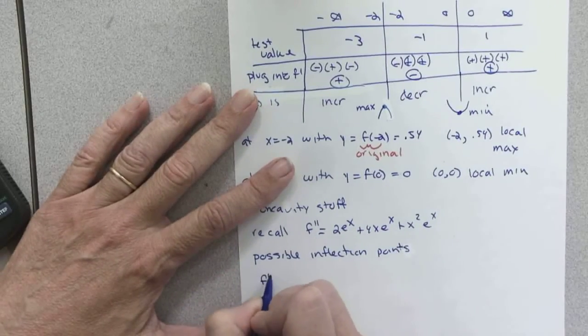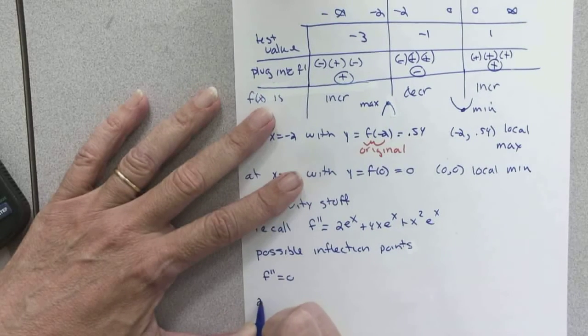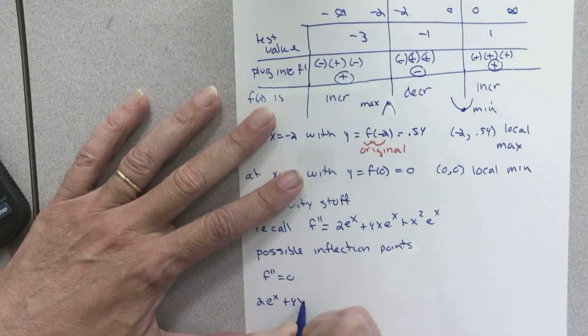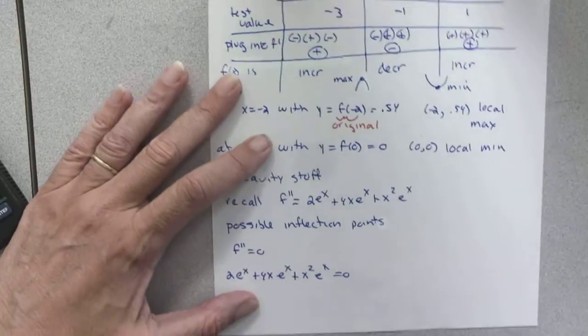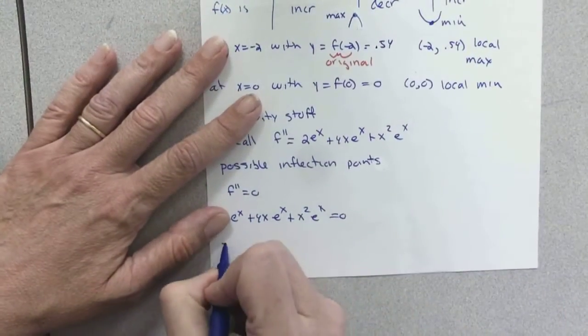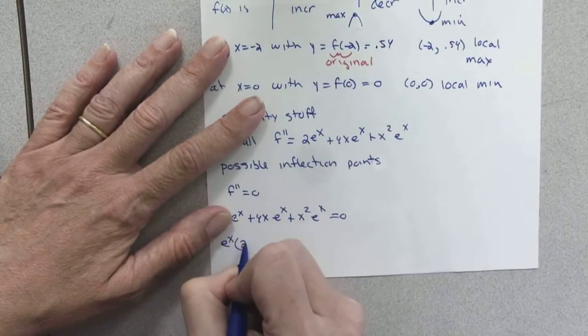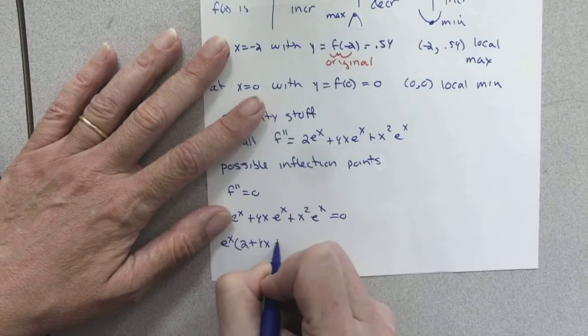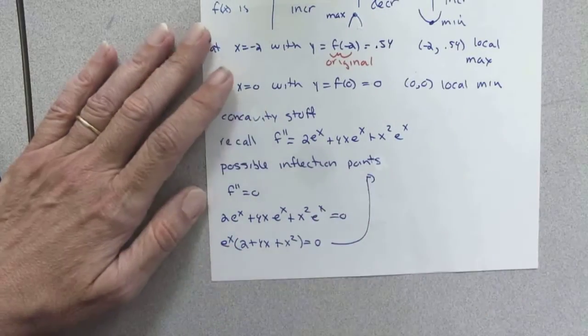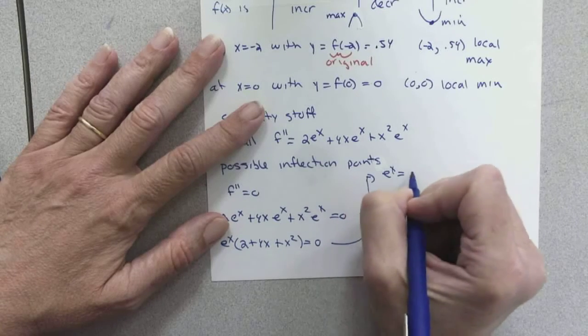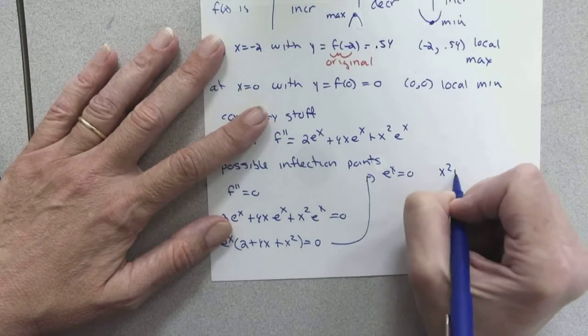I set that second derivative equal to 0 and solve. We can start by factoring out that e to the x. And go up here and finish. That is factored and equal to 0, so I can split that up.